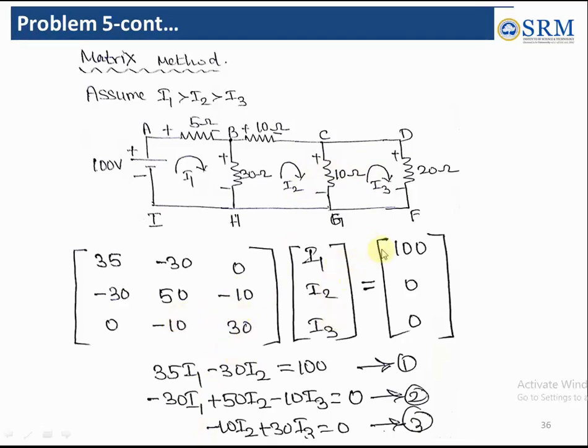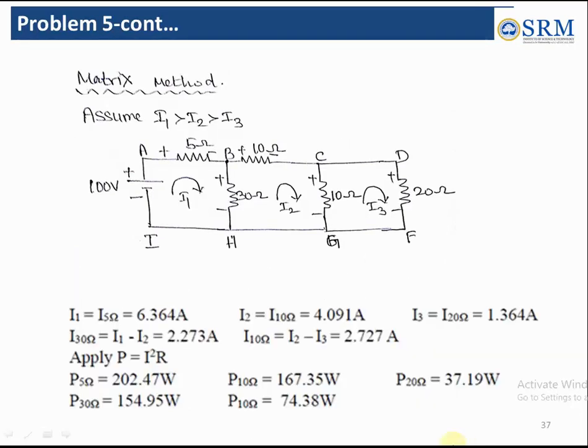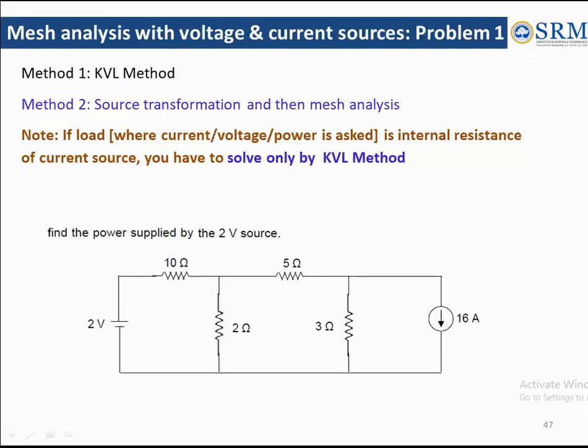I1, I2, I3 we can write, and there is 1 voltage source. Since entering is negative, we write it in the positive manner. The other V2 and V3 are 0. If we solve these expressions, we get the currents. From the currents we can find the current across the individual resistors, and from the power relationship we can find the power dissipated across each of the resistors.